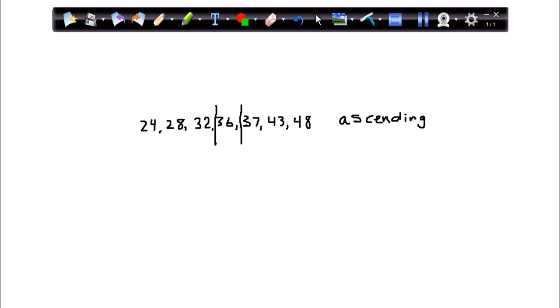So here we know the median of these 7 numbers is 36. All you're doing to get the median is get the middle number. That's the median.